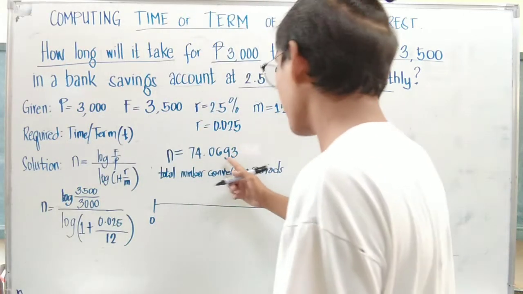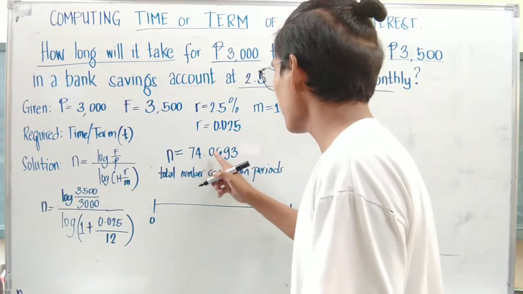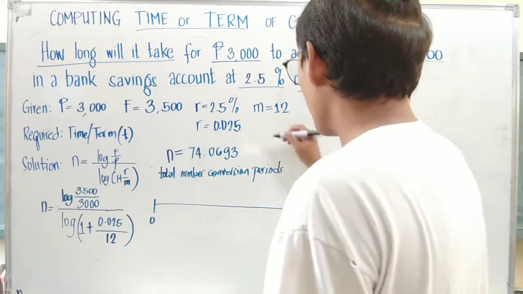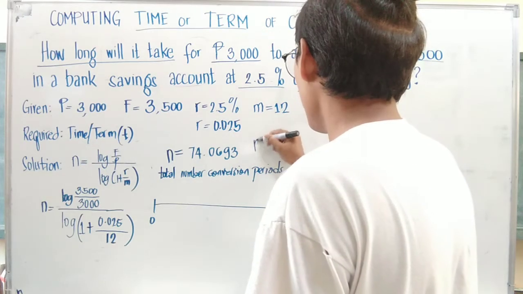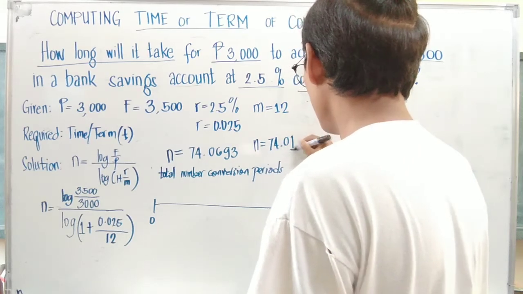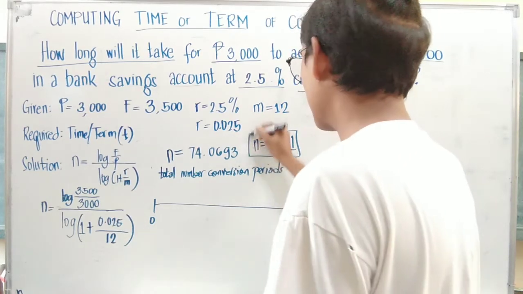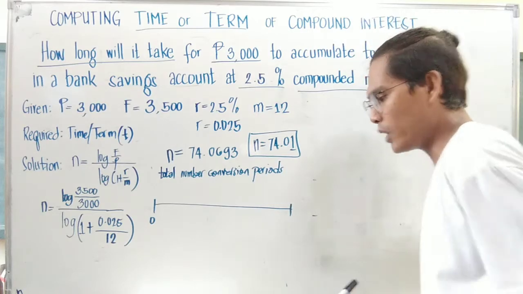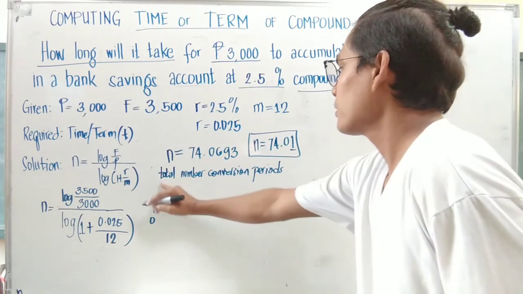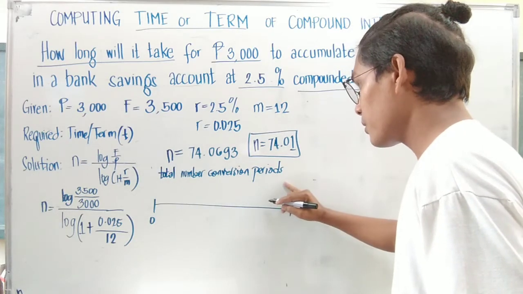So if we can see in here, n is equal to 74.0693. So we can round it off as n equal to 74.01, or shall we say 74 total number of conversion periods.